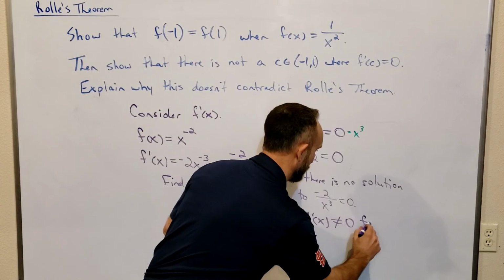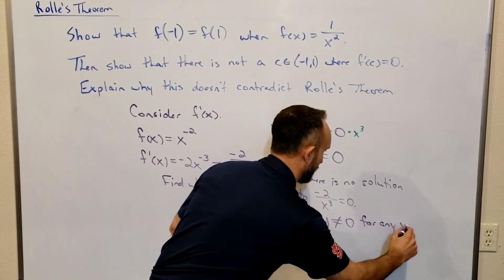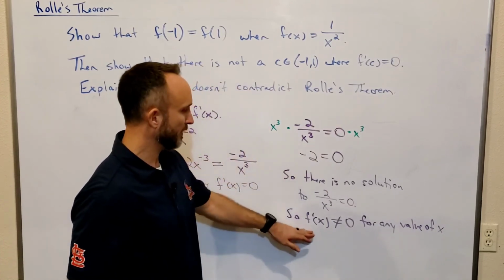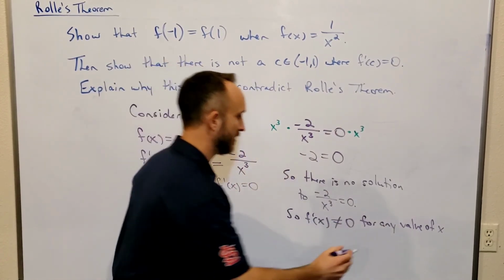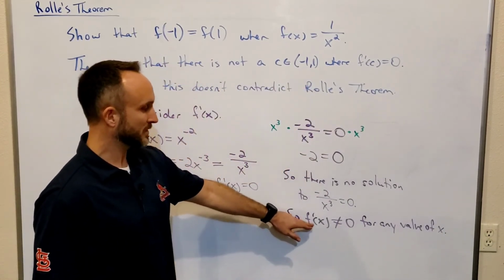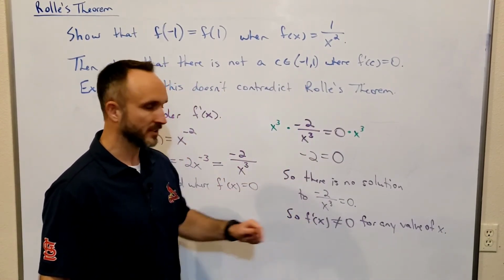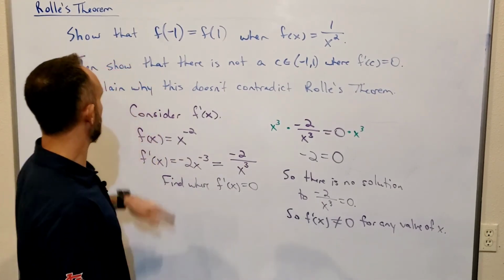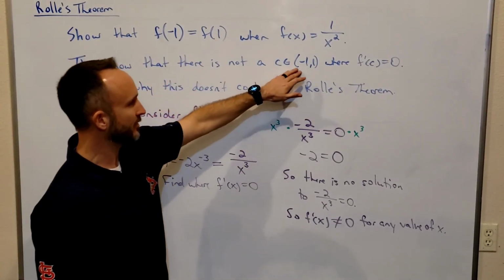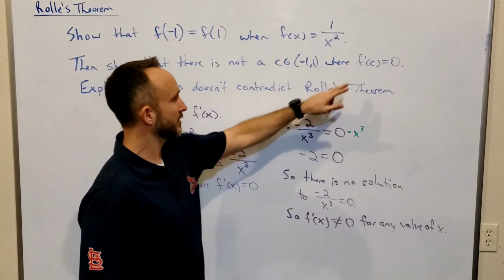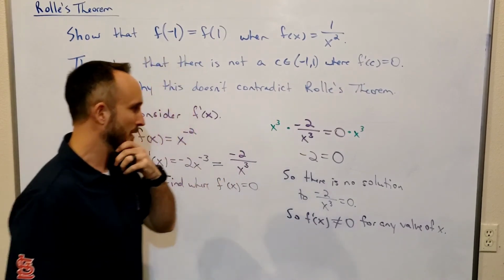For any value of x, f prime of x does not equal 0. So that means there's no c that we could plug in for x. No c will satisfy that equation. So we've shown that there's not a c in this interval. In fact, there's not a c in any interval that will make the derivative of this function equal 0.